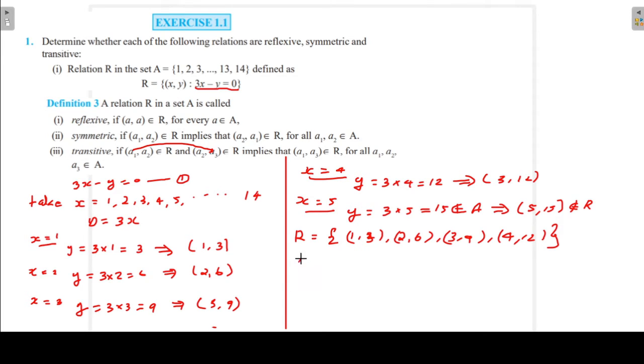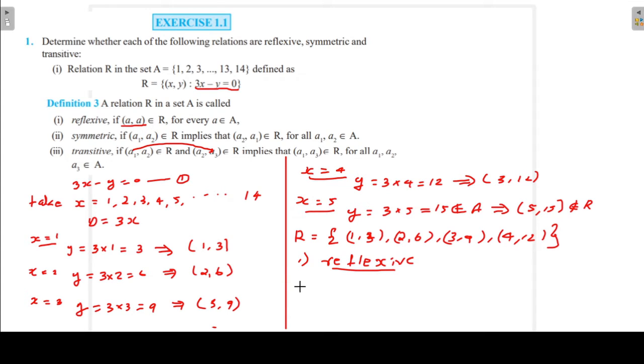Then check the next part: is R reflexive? In the relation we have only (1, 3), (2, 6), (3, 9), (4, 12). For reflexive, if (1, 1), (2, 2), (3, 3), (4, 4) up to (14, 14) belong to R, then it is reflexive.